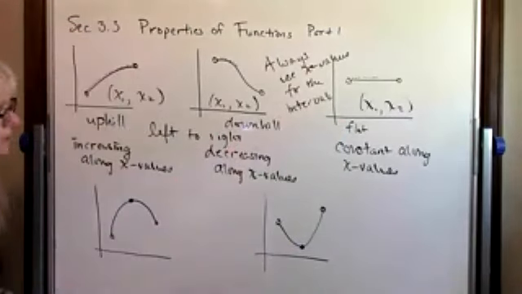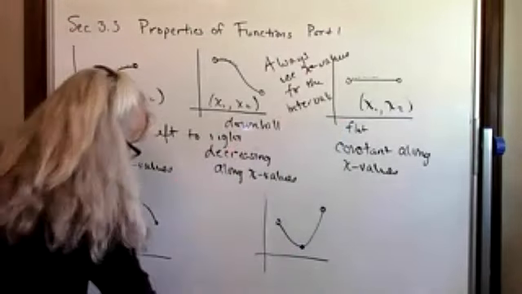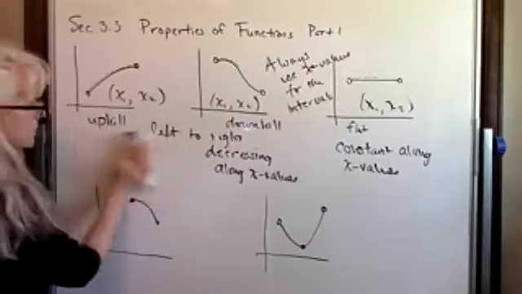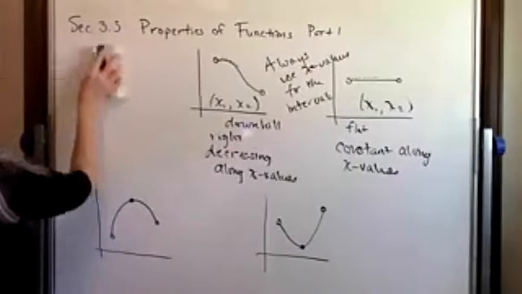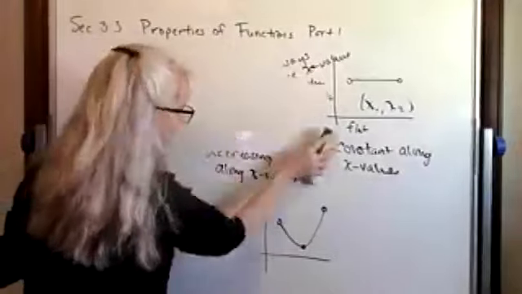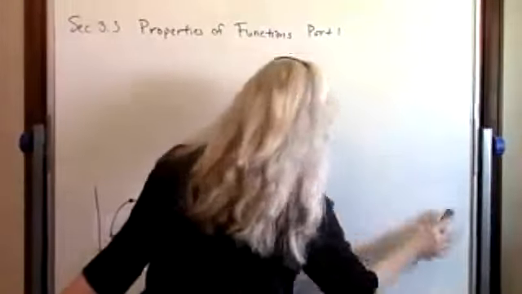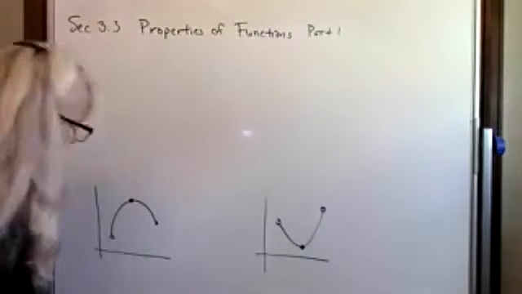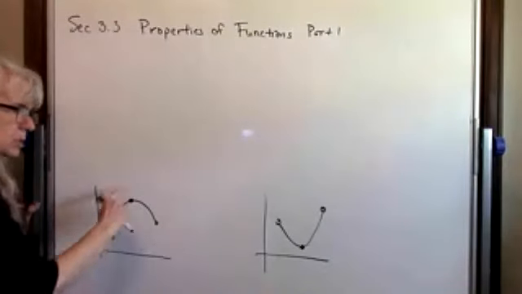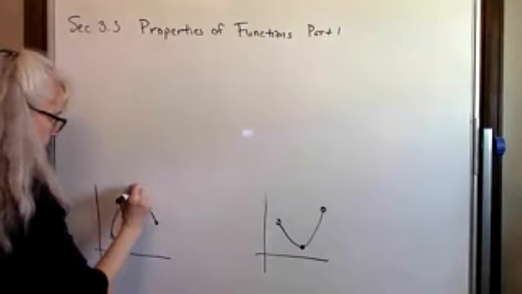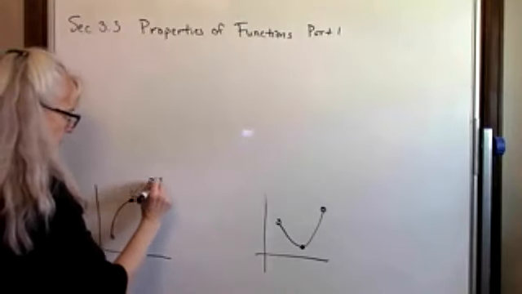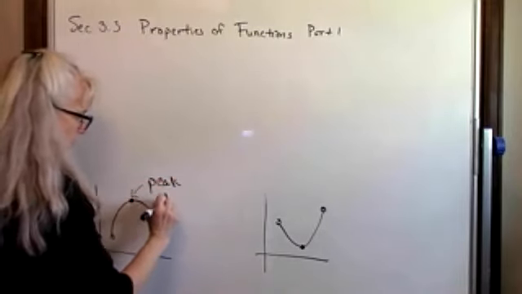Another concept that we talk about in terms of properties of functions are maximums and minimums. And again, I don't want you to make this too complicated. The math speak is on the handout. We're going to look at this from more of a layman's point of view. So when I look at these two pictures, we all agree that this picture has a top to it, a hilltop, a peak. So the maximum occurs at this peak. So this peak is called the maximum.